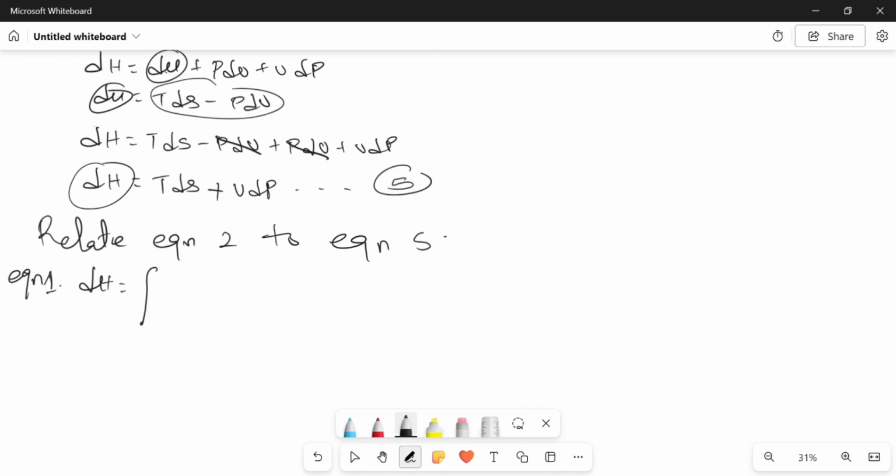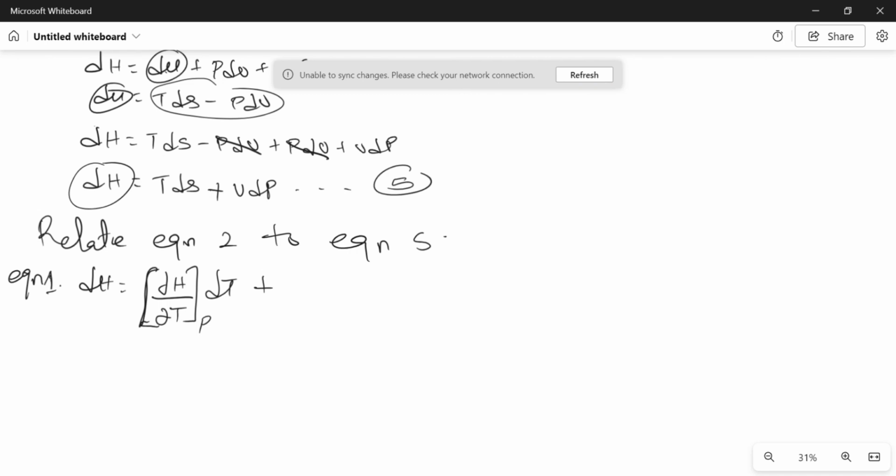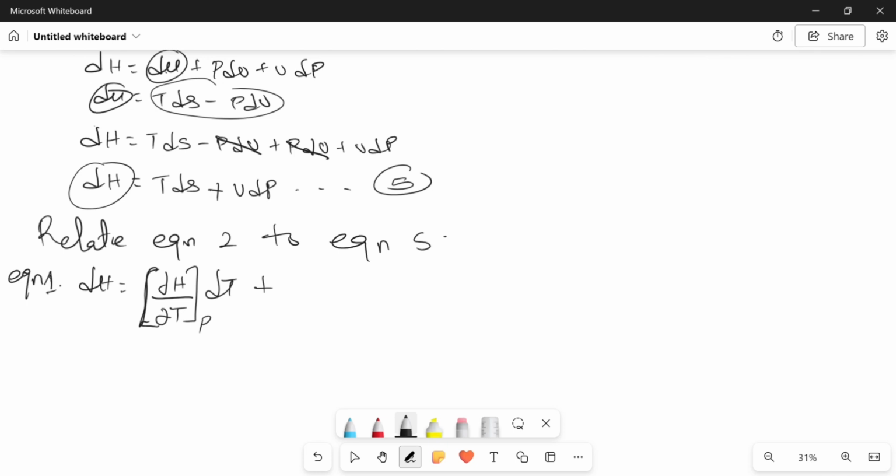That means dh is the partial differentiation of h with respect to t at constant pressure dt, plus the partial differentiation of h with respect to p at constant temperature dp. So this is what we concluded.